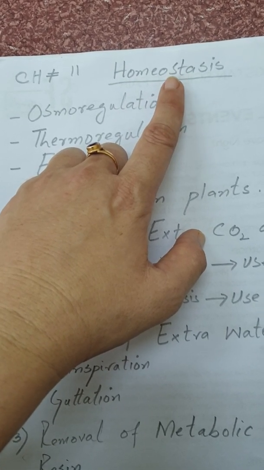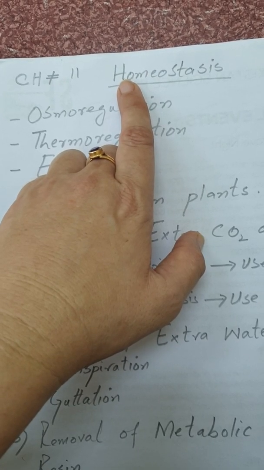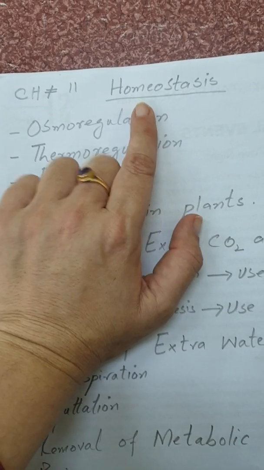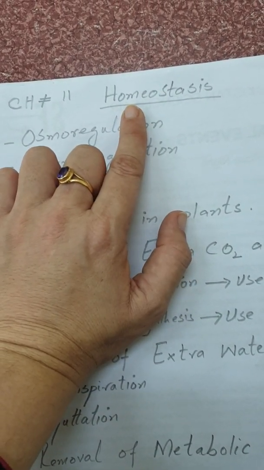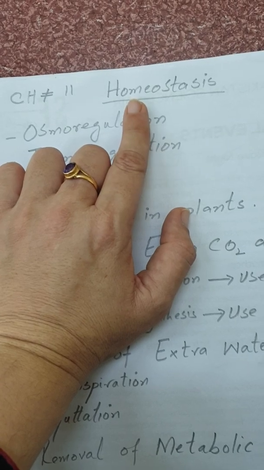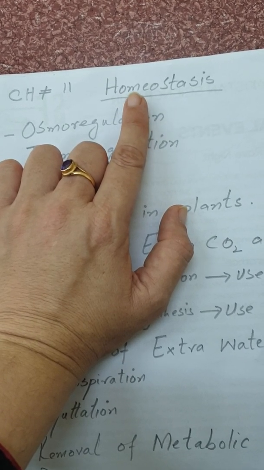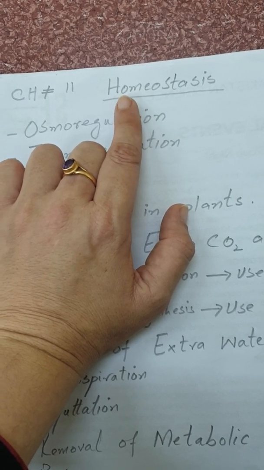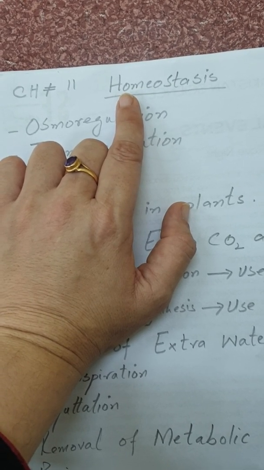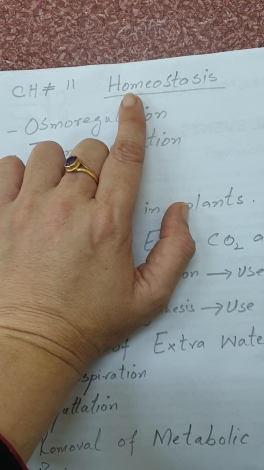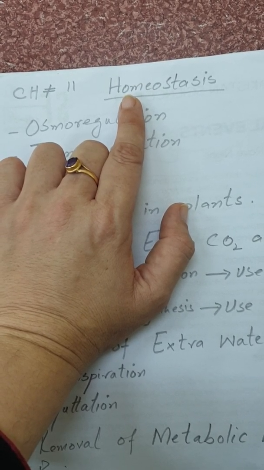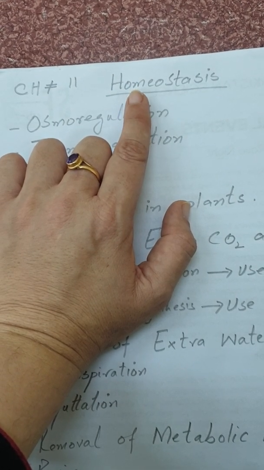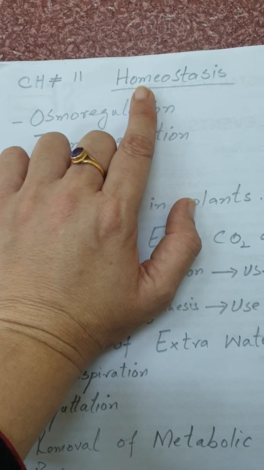Because living organisms face the external environment. Their internal environment is sometimes different from the external environment. Sometimes fluctuations or changes occur in the external environment, like the temperature sometimes goes very low, sometimes very high, the water availability becomes more, sometimes less, sometimes the excretory material inside the body becomes very abundant.